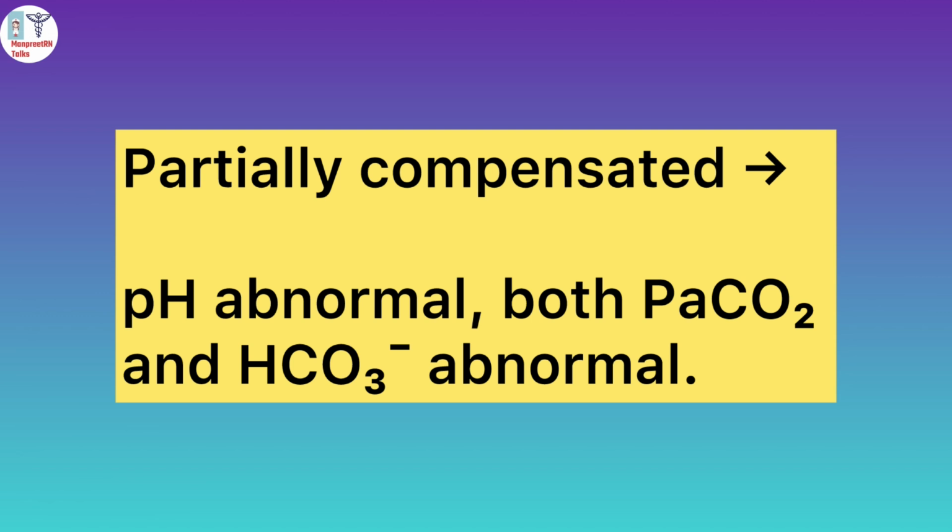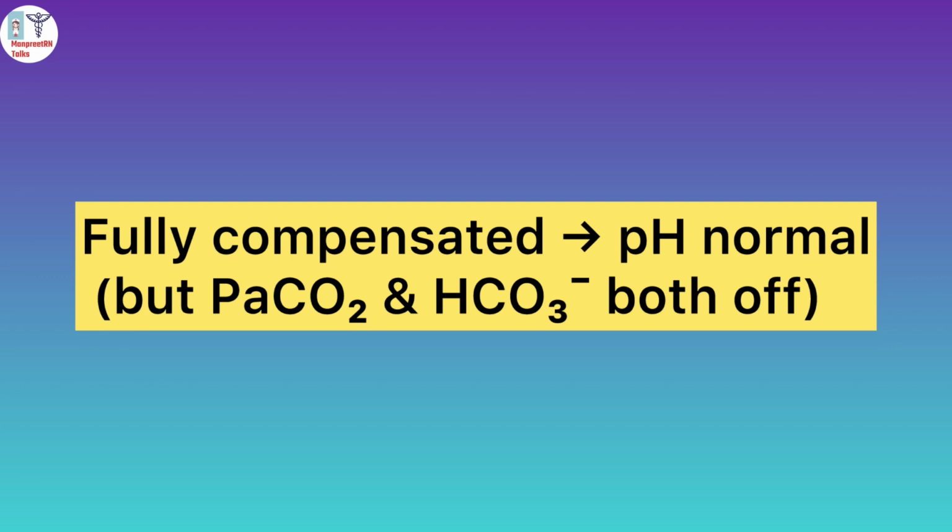Fully compensated means pH is normal, but PaCO₂ and bicarb are both abnormal, maybe one high and one low. Remember, the body always tries to balance pH using the opposite system. Lungs compensate for metabolic fast, and kidneys compensate for respiratory very slowly.